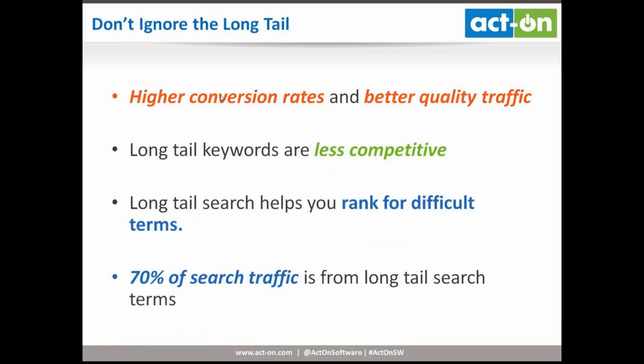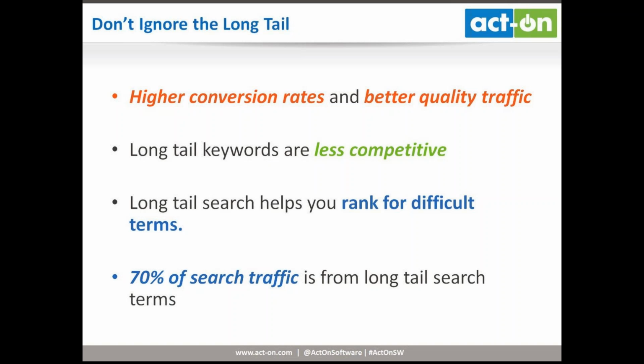Other highlights of our particular SEO audit tool having to do with the address and those tail words that exist at the end of a URL and the importance of those. Part of the power of the tool inside of Act-On is that we look at the URL.